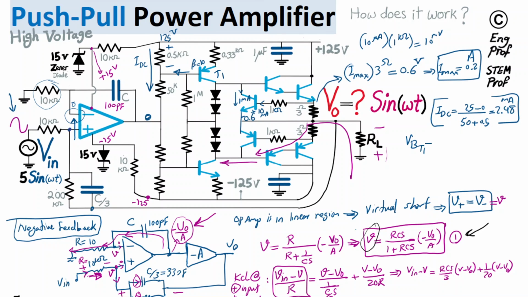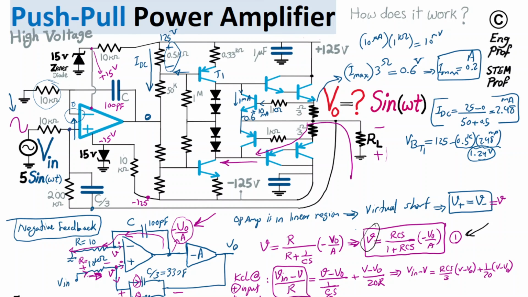So the voltage at T1 is equal to 125 minus 0.5k times 2.48 milliamp, which is effectively a 1.24 volt drop across this 0.5k.